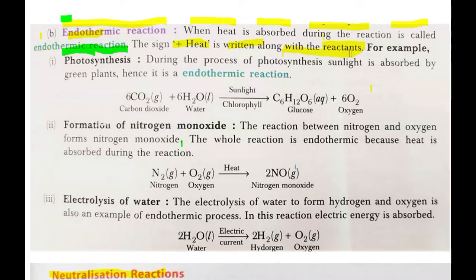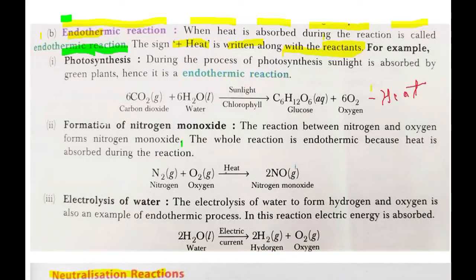There are other ways also to represent it. We can write plus heat on the reactant side, or if you want to write it on the product side, you can write it with a minus sign. If you write minus heat there, that is also okay.